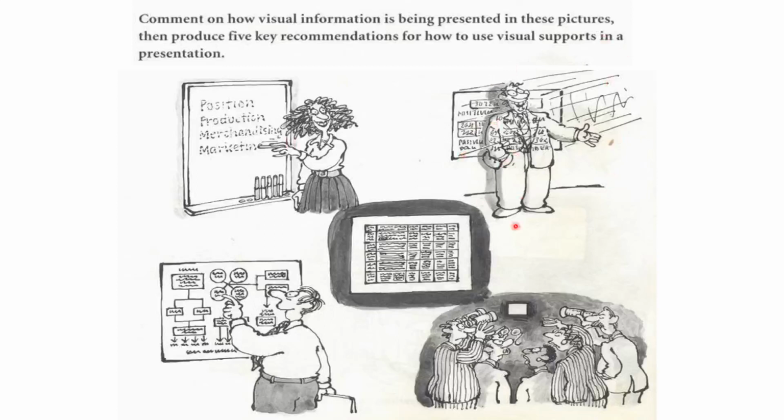What's wrong with this? Actually the presenter is talking with the audience. But one thing, he is blocking the screen. You can see it's supposed to be on the screen, but it's on his body.